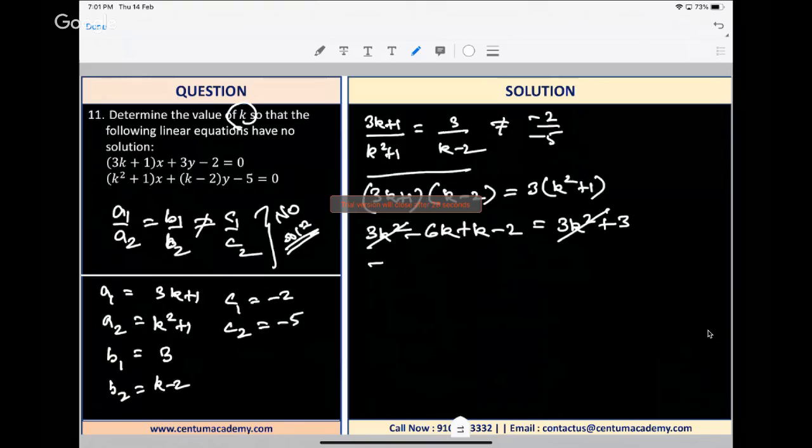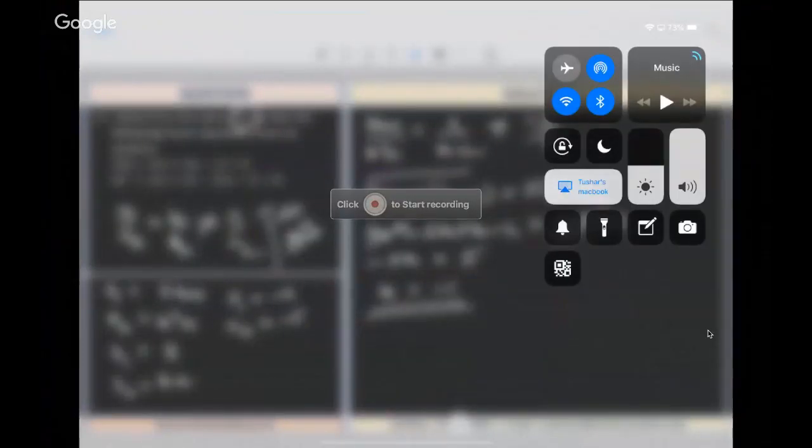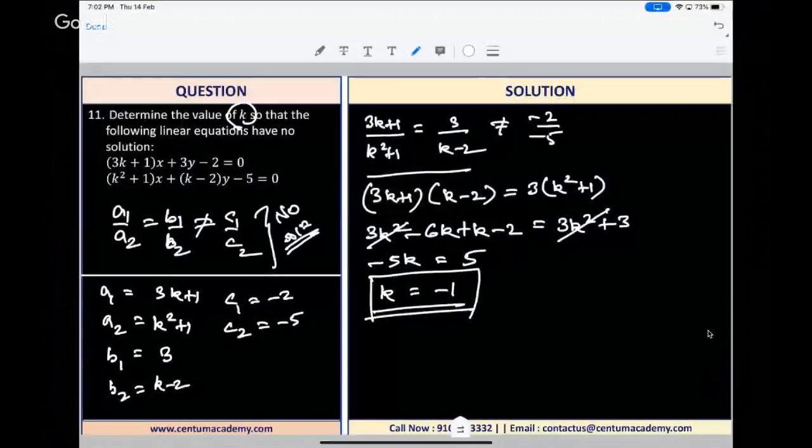So minus 5k is equal to, if you take minus 2 to the right hand side, you will get 5, right? So k is equal to negative 1. Okay, k is equal to negative 1 is the solution. So if you put k equals to negative 1, then the system doesn't have any solution.